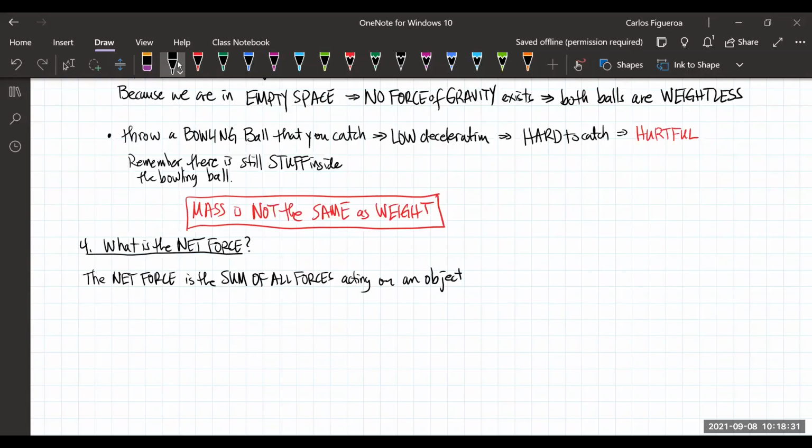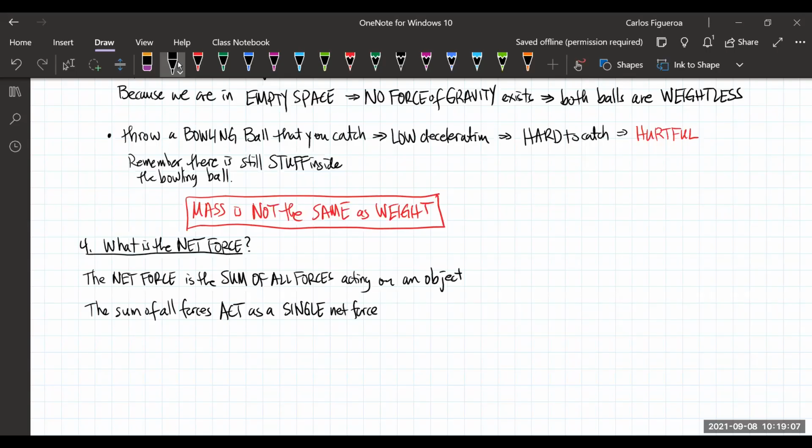When you sum all of the forces, all of those forces don't act as individual forces, they act as a single force. So what this is saying is that the sum of all forces act as a single net force.